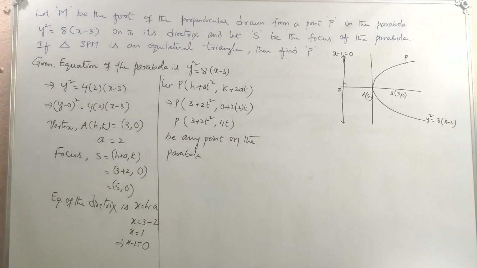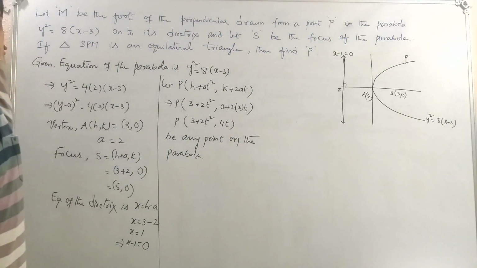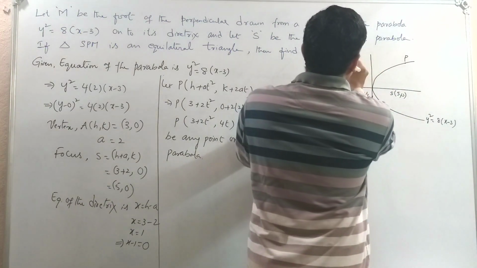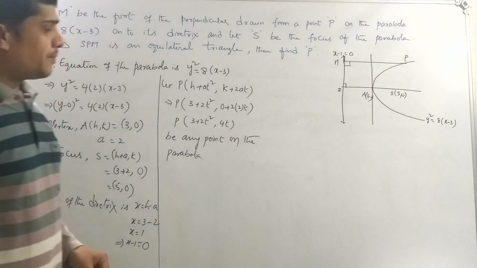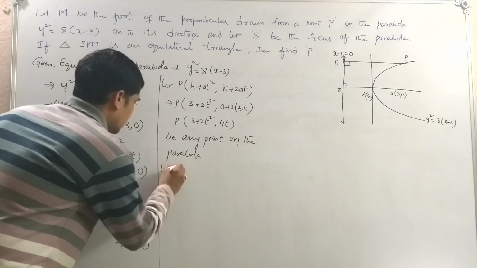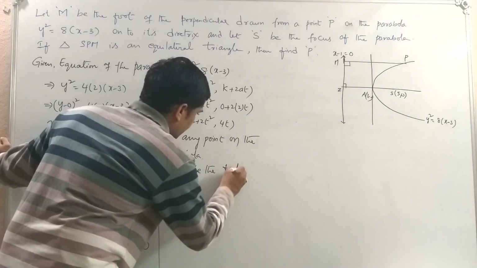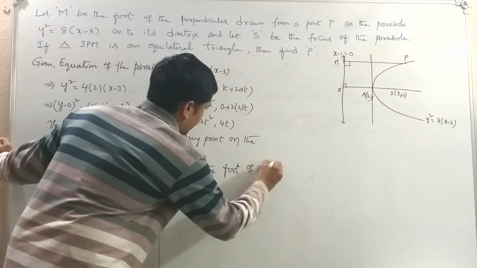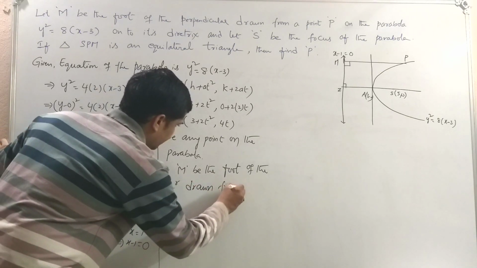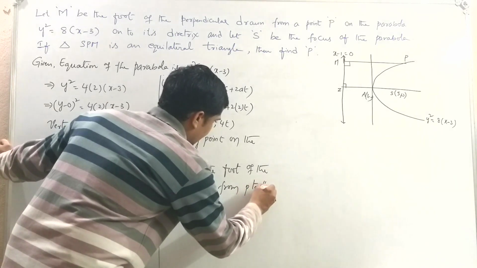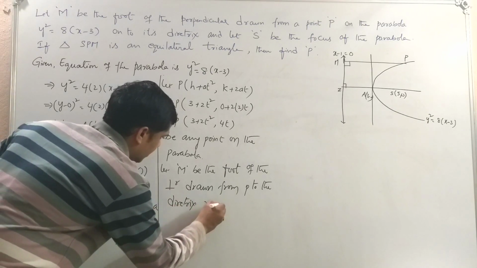Now, according to the given question, M is the foot of the perpendicular drawn from the point P onto the directrix. So let me draw a perpendicular line from P to the directrix. Now it is M. So let M be the foot of the perpendicular drawn from P to the directrix x minus 1 is equal to 0.